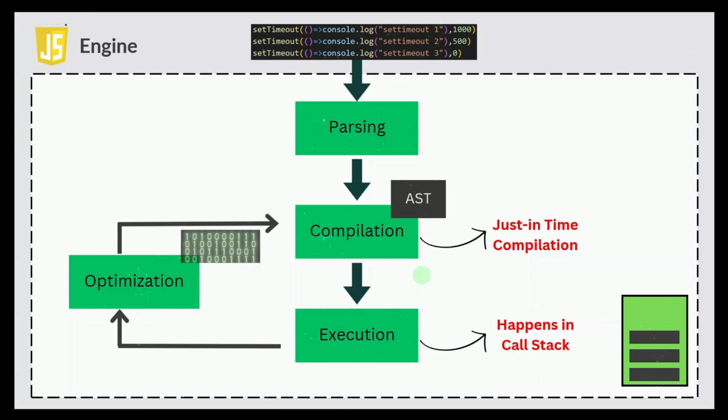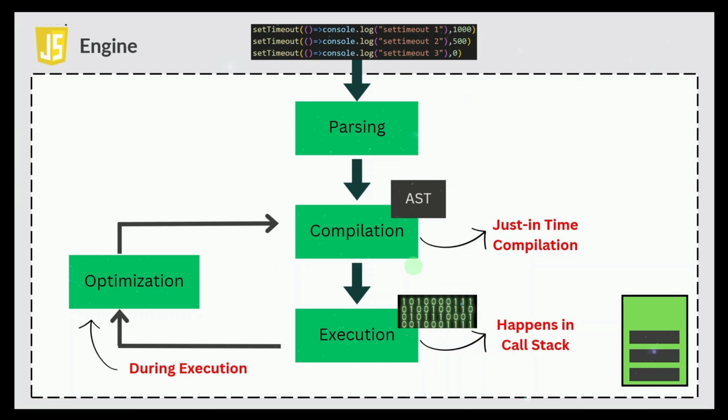And this is not going to happen one time, it will happen multiple times. And after each optimization, whatever unoptimized code we have will be removed and we will have new optimized code. And this entire process can happen during execution. And during this process, our execution is not going to stop.